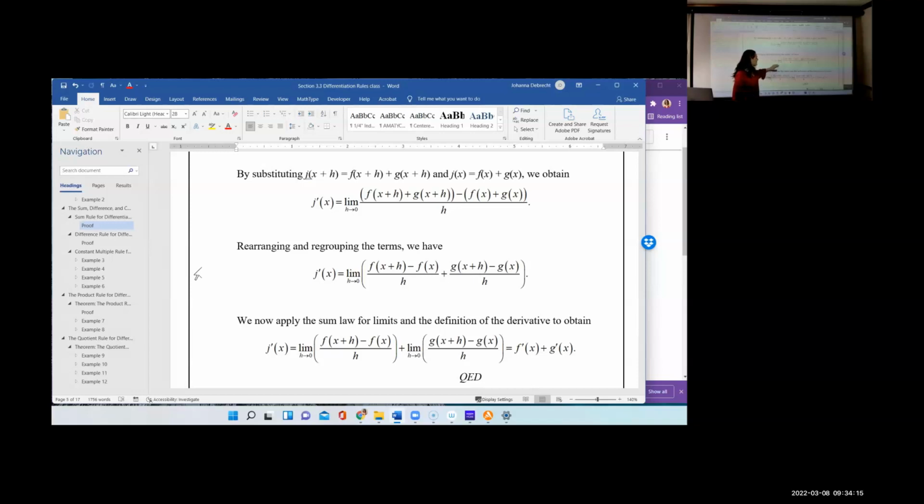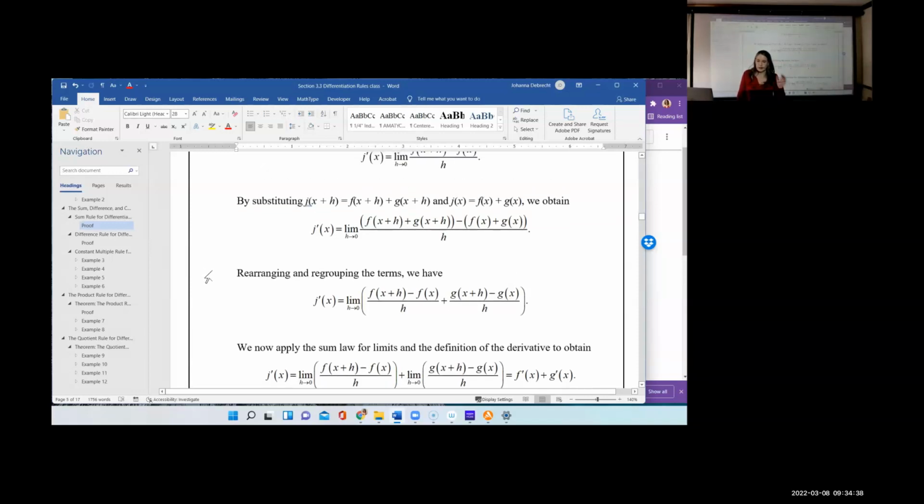Now the limit of a sum is the sum of the limits, so I'm allowed to split this up into two different ones. And this by definition is the derivative of f, and this by definition is the derivative of g. So I have f prime of x plus g prime of x. Questions about the proof?